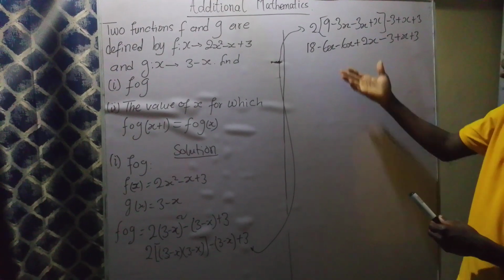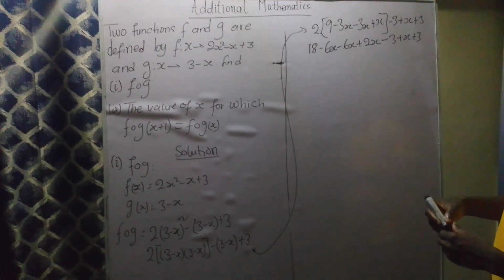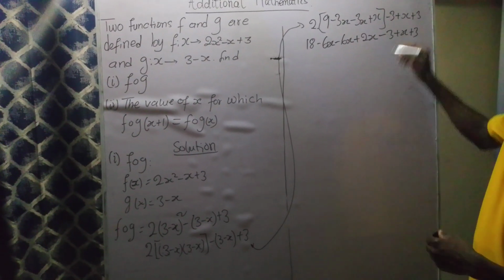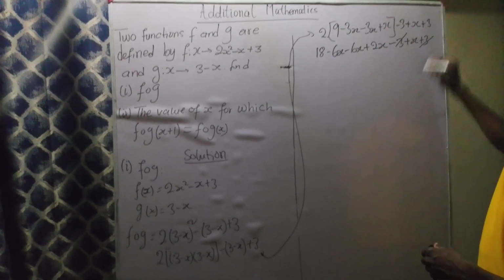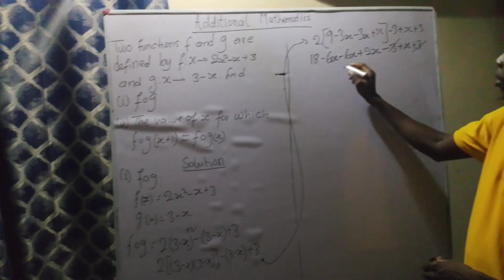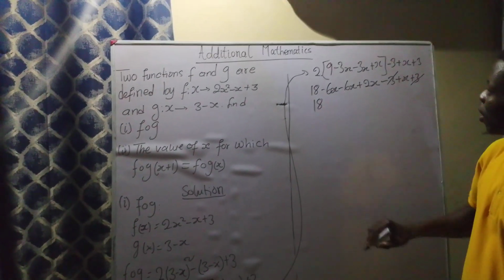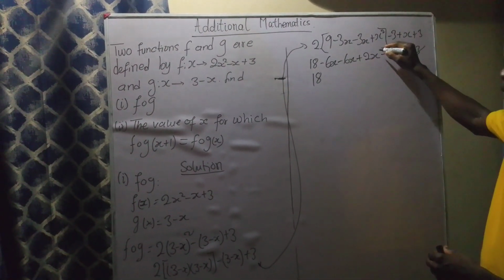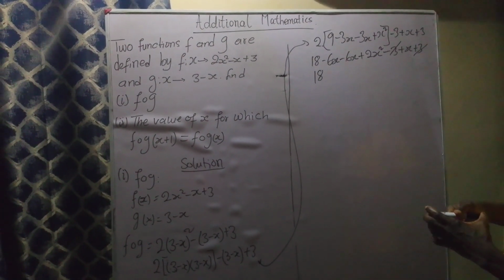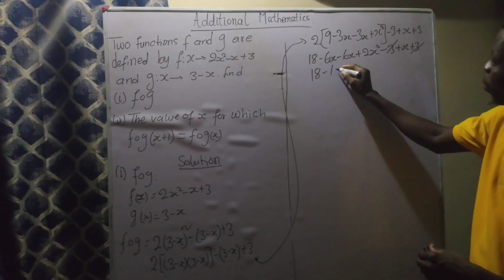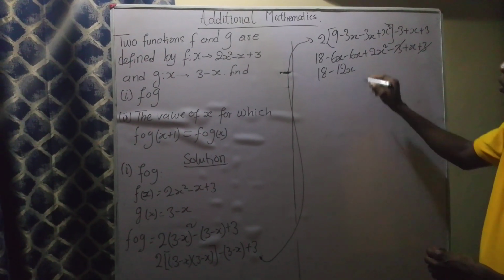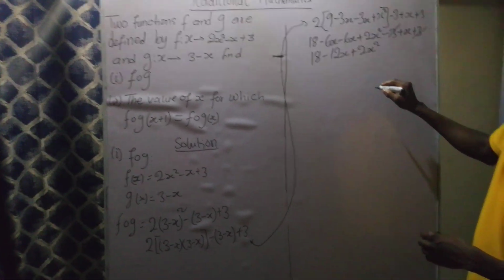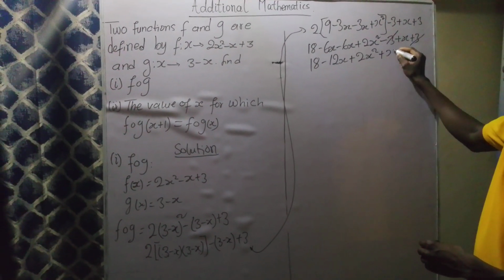From here, you do what we call grouping of like terms. So we have 18 minus 6x minus 3x minus 3x, which is minus 12x, plus 2x squared, plus x.